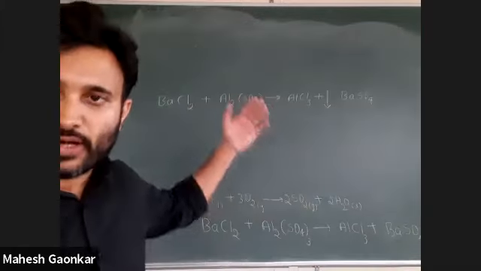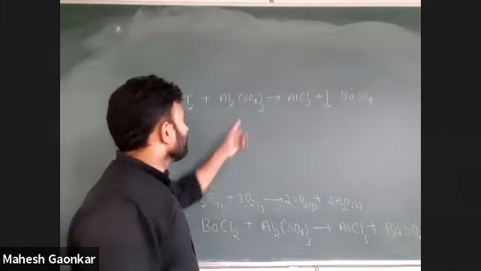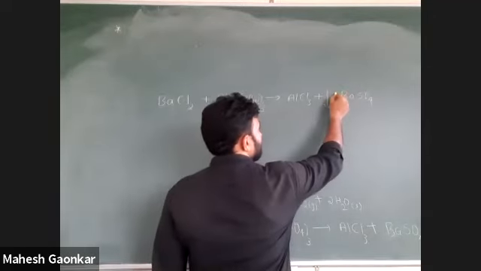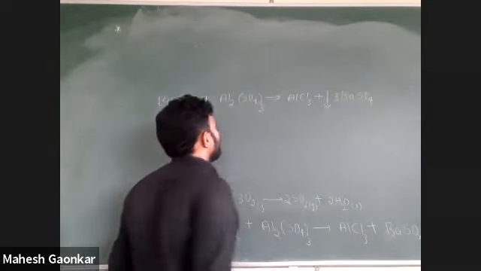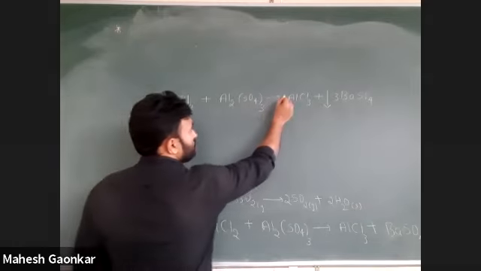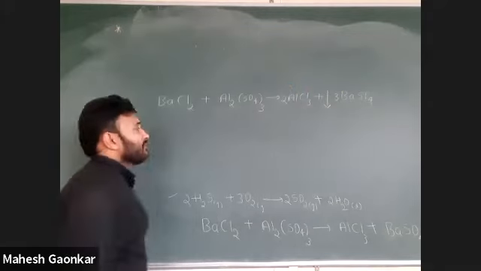Okay, downward arrow. Fine. Here SO4 thrice we have. That means it has to be 3 BaSO4. Al2 is there, so here it should be 2 AlCl3.